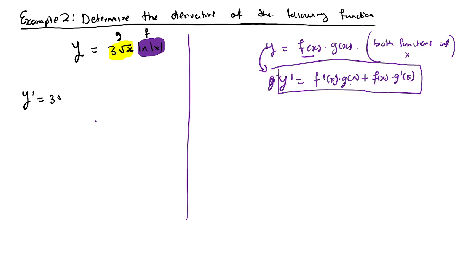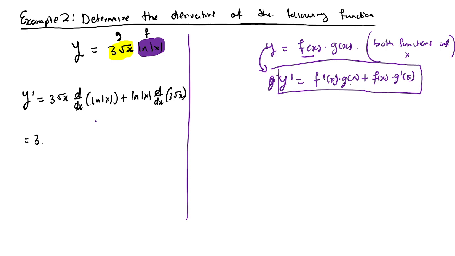Our g is 3 root of x, and then we take the derivative of f, which is ln x, and then plus, now we're going to keep f, which is ln of x, and then we take the derivative of g, which is 3 square root of x. So what I did here is just to show you how we apply this product rule. Now we're going to simplify further.